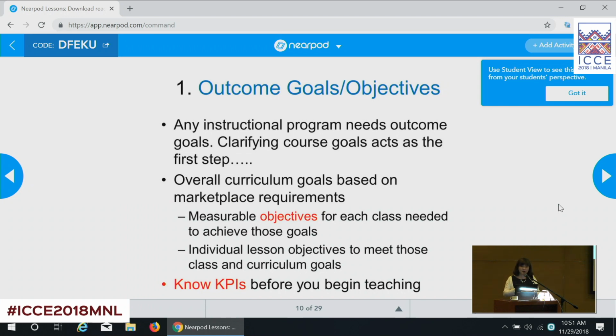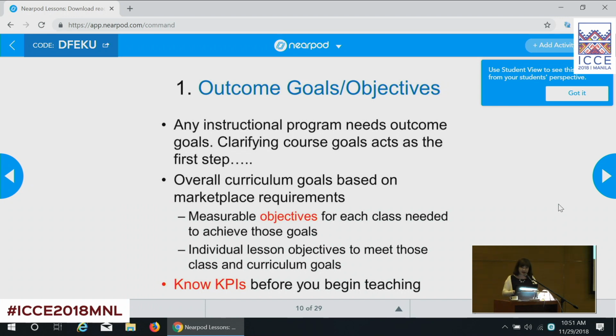Once overall outcome goals for the academic curriculum are known, more measurable and more specific objectives are there to achieve those goals, and each individual lesson's objectives are there to meet the class and curriculum goals.